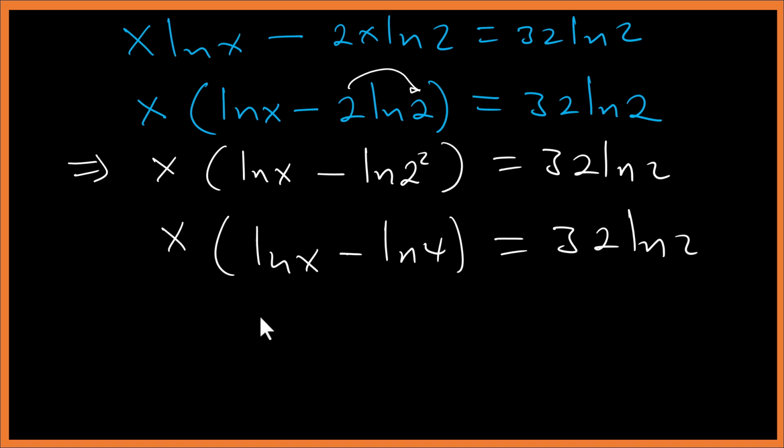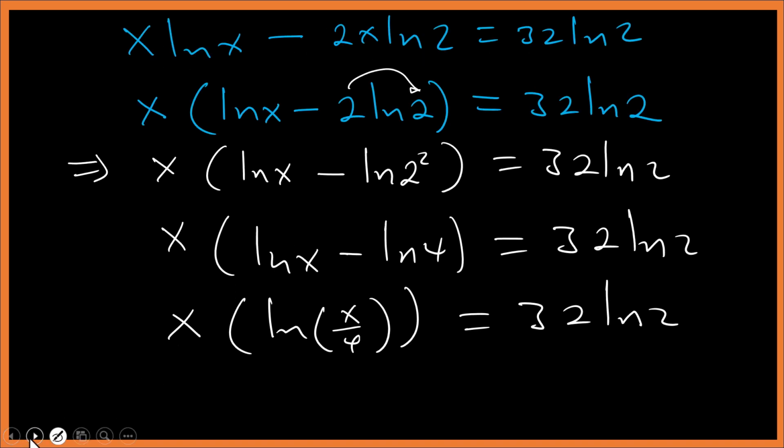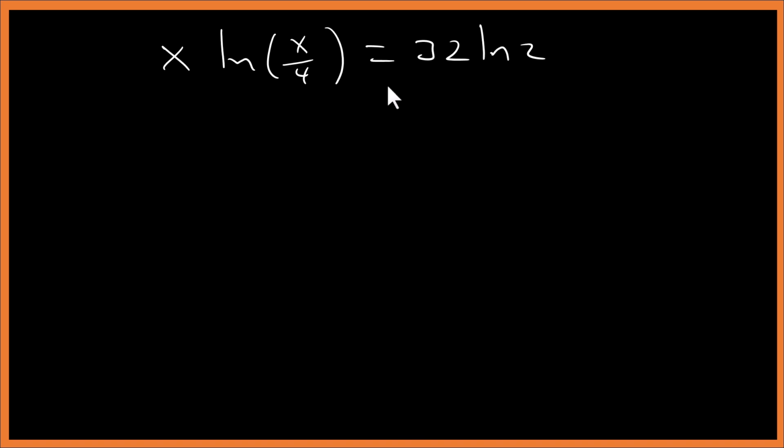All right. Now from here we have x ln of x on 4 equals 32 ln of 2. Now let's divide both sides by 4.